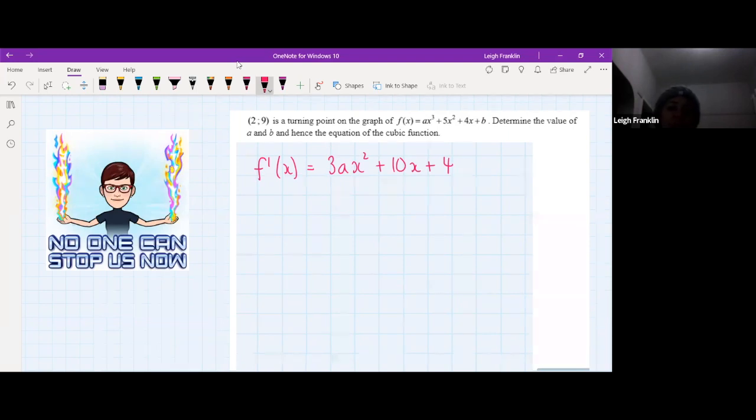What is f prime x at the turning point? What is the value of f prime x at the turning point, Matrix? Exactly, Boucher. Now, I'm going to sub in 0 over here, but now I've got an a and an x. So what can I sub in that will allow me to calculate the value of a here?